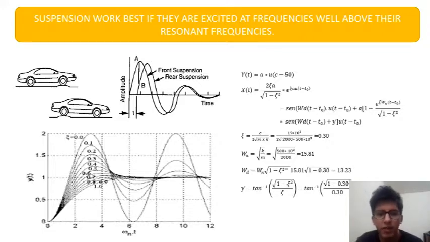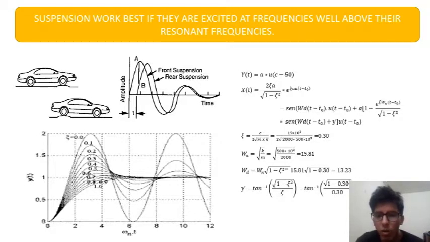Here we have the response, or the behavior, of the front suspension and rear suspension. The response is different because every axle gives a different behavior.